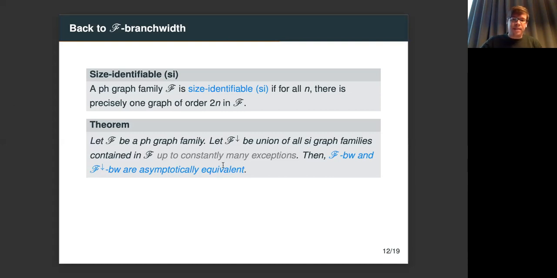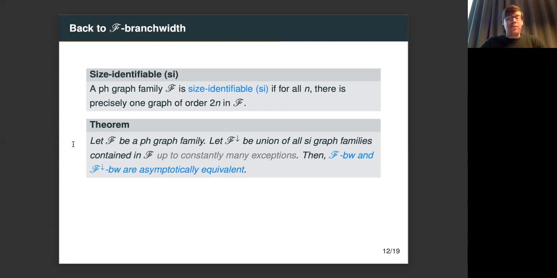This up to constantly many exceptions is just a technical condition that is not so important. Basically it says that we can always restrict ourselves to these size identifiable families that are contained in F if we want to asymptotically compute F-branch-width.